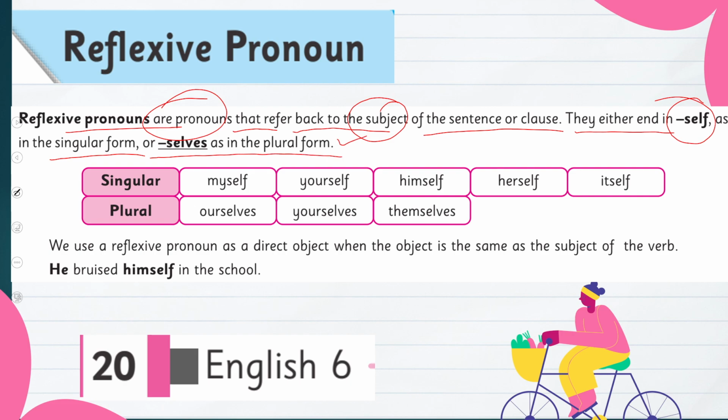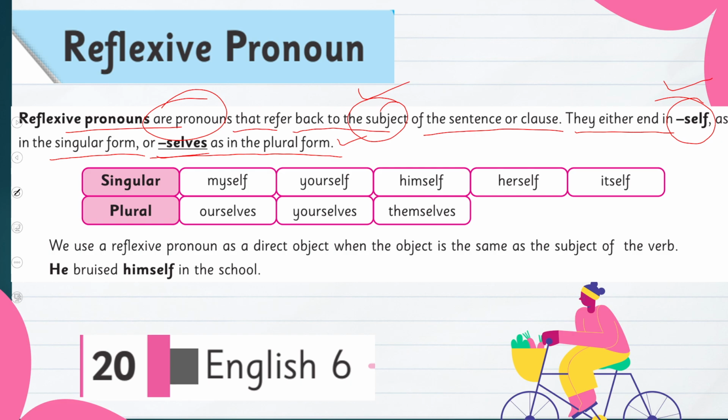So, the first thing that we learned is that reflexive pronouns are referring back to the subject that is written in the sentence. Now, if it is a singular one, it will end with self. If it's a plural form, it will end in selves, since it's a plural form.